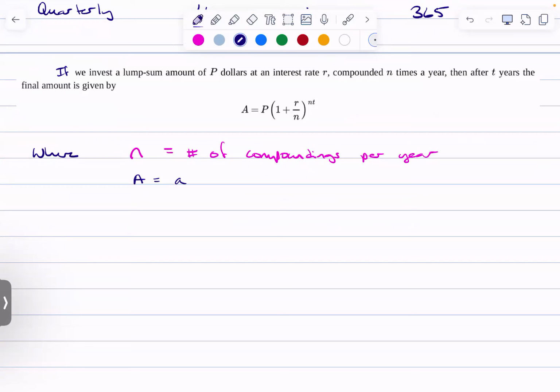A is the accumulated amount or future value. P is the principal amount.